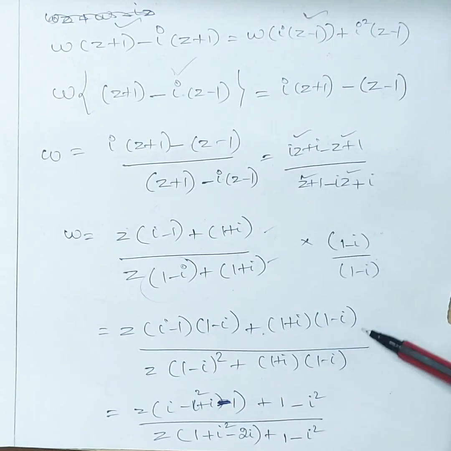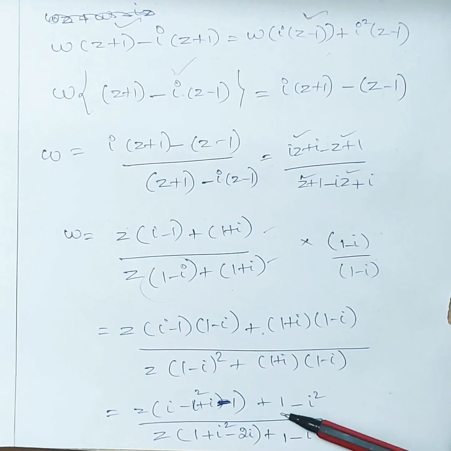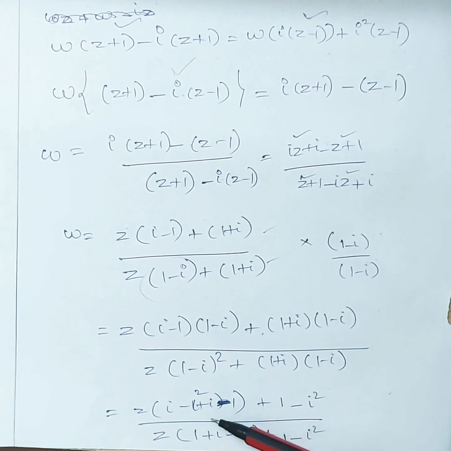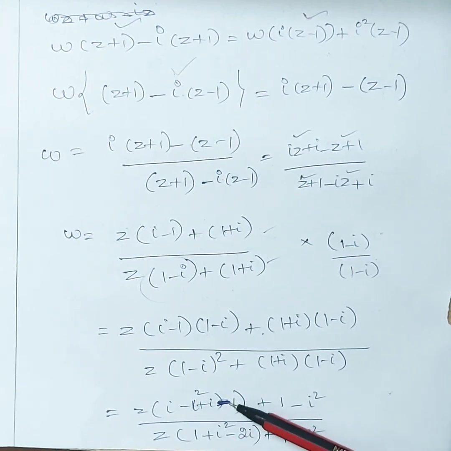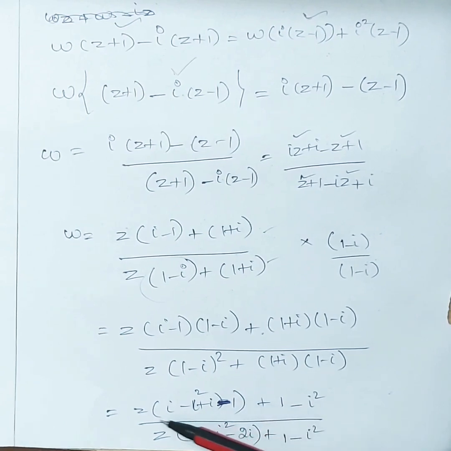This is (a plus b)(a minus b), a square minus b square, 1 square minus I square. What is I square value? I square value is minus 1. So you will get plus 2, and this if you simplify, again minus I square, so this will become plus 1, this and this will get cancelled. I will get only 2iz in the numerator. Similarly, minus 2iz in the denominator.